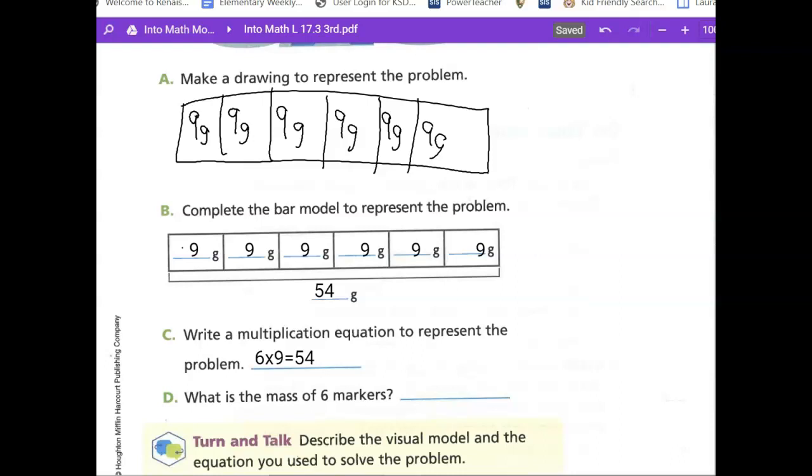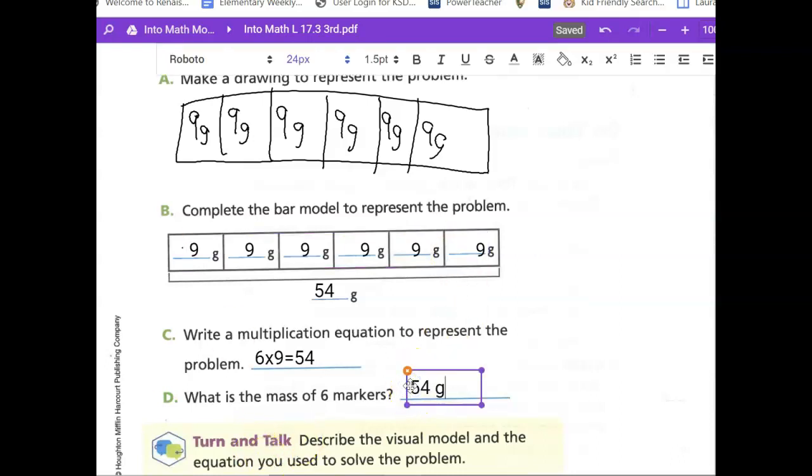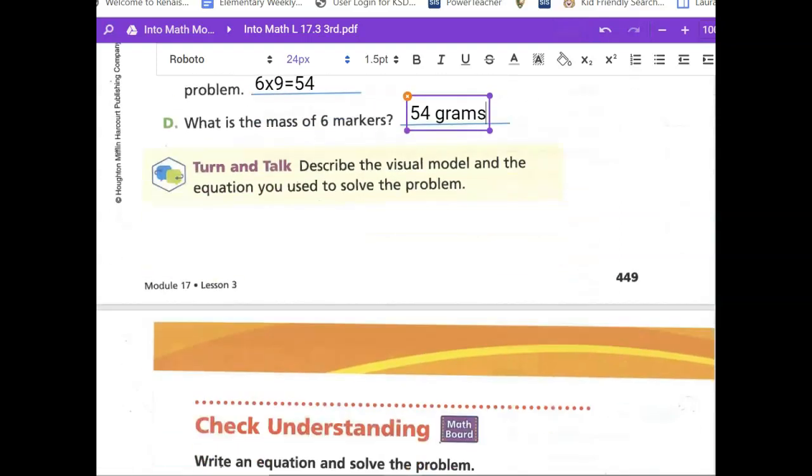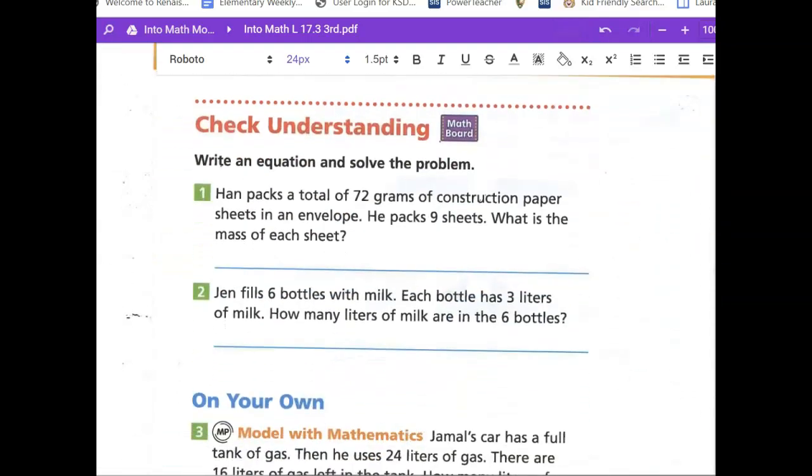So the mass of 6 markers is 54 grams. Go ahead and go to the back. Check your understanding. Go ahead and read the check your understanding and try and do them yourself. And then come back for the answers.